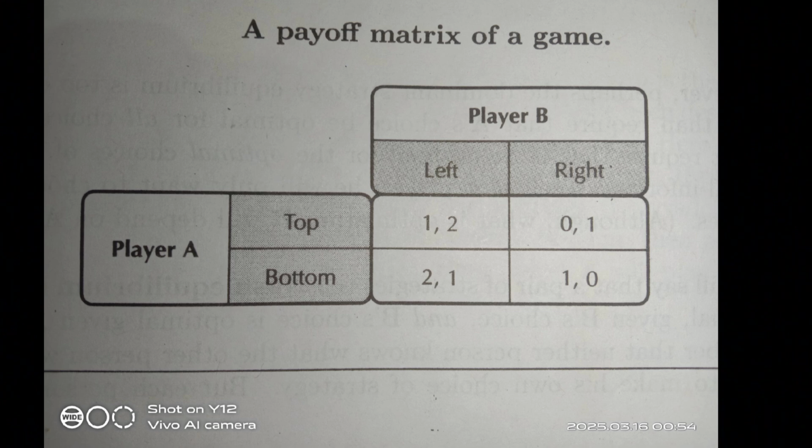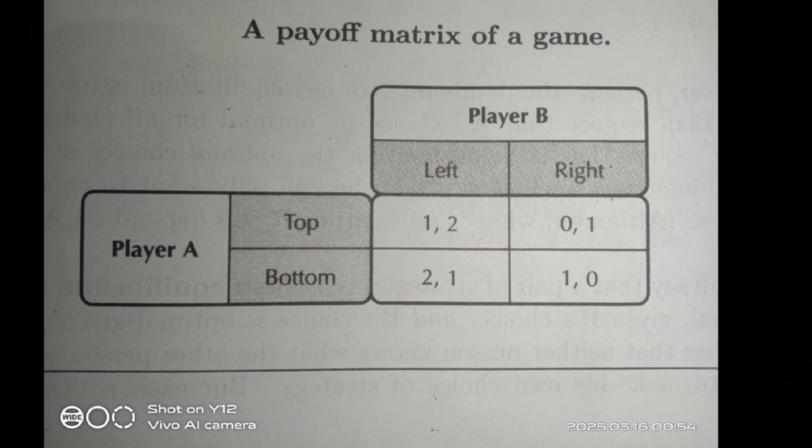And whichever choice A makes, B will get a higher payoff if he plays left. Hence, this choice dominates the alternatives, and we have an equilibrium in dominant strategies.